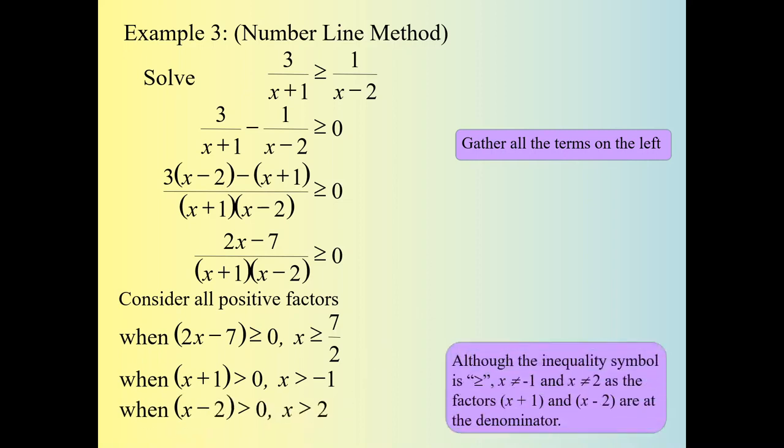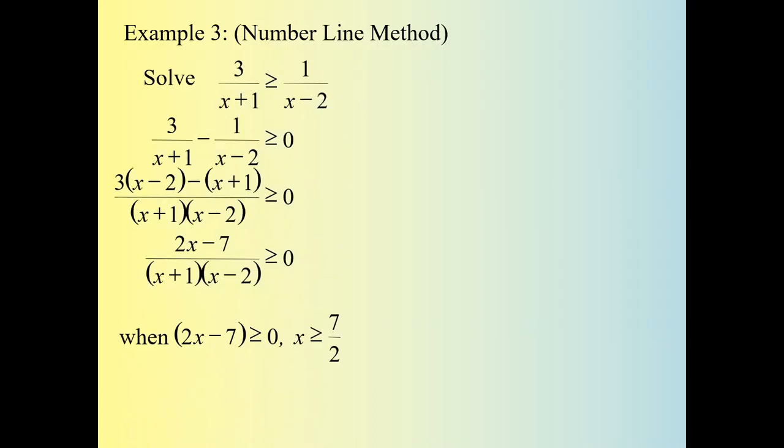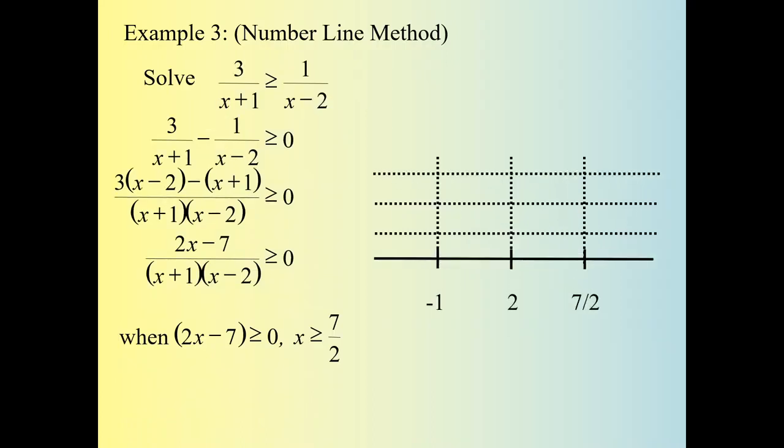When x - 2 is greater than 0, x is greater than 2. So x cannot be equal to -1 or 2 as the factors x + 1 and x - 2 are at the denominator. So let us draw the number line.